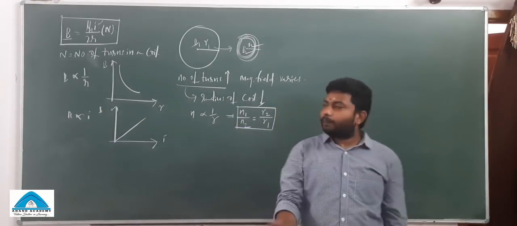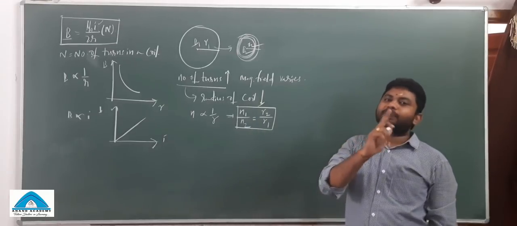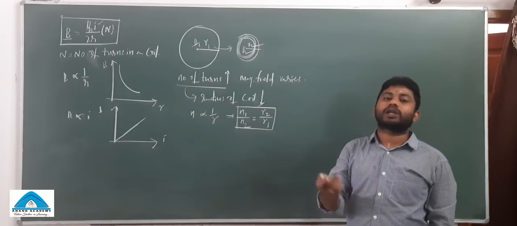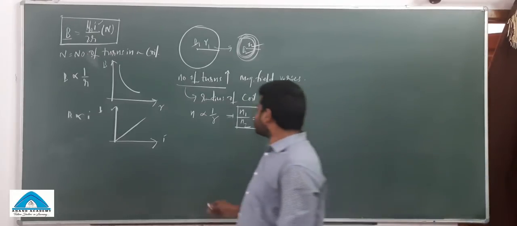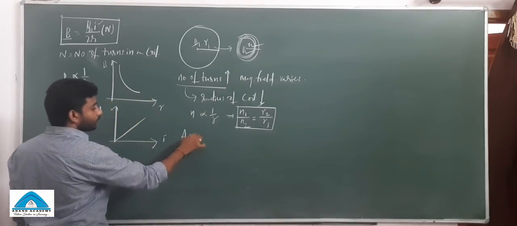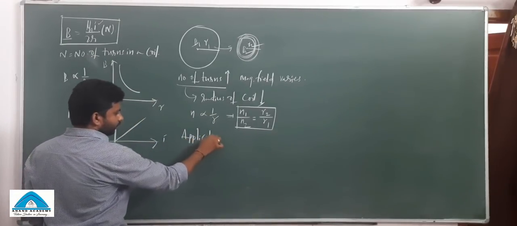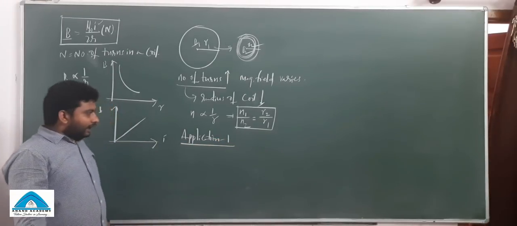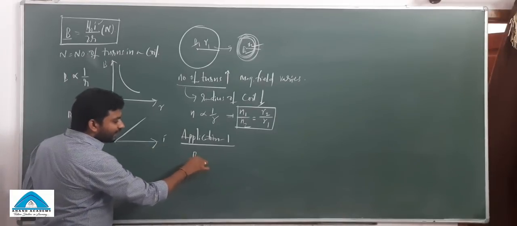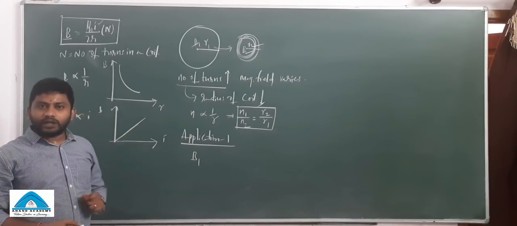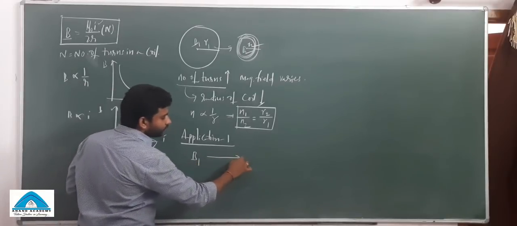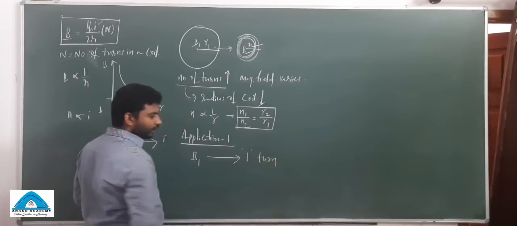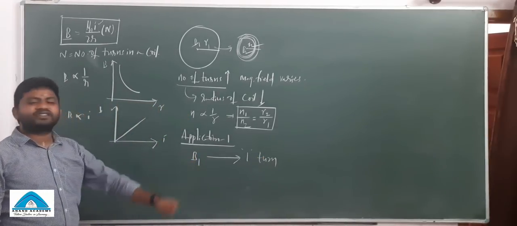Now, with the help of this expression, the first application we are going to do is the magnetic field due to a circular coil at the center of it. Look at here, number 1, the first application. What is the first application? B1 is the magnetic field at the center of the coil when only one turn is there for the coil.